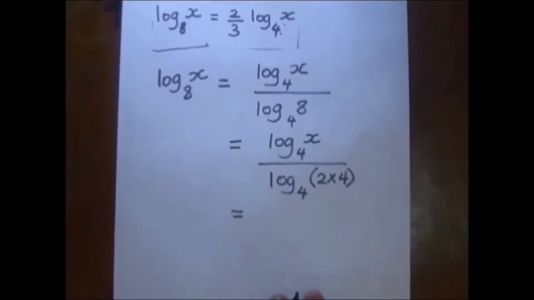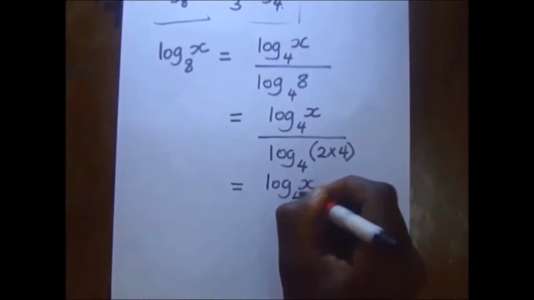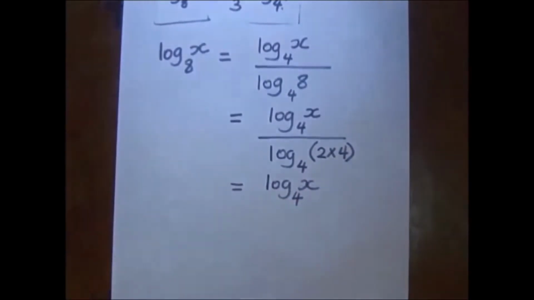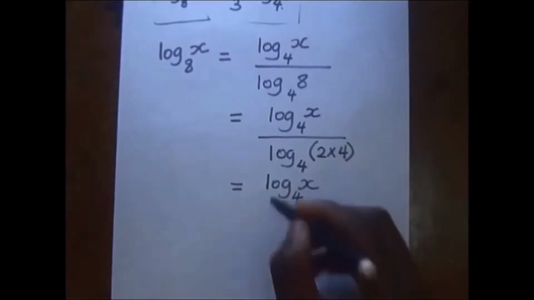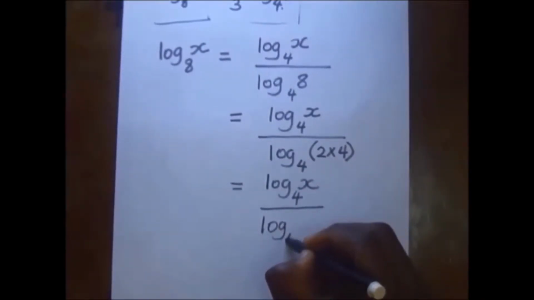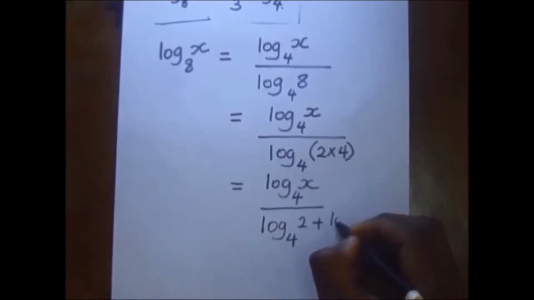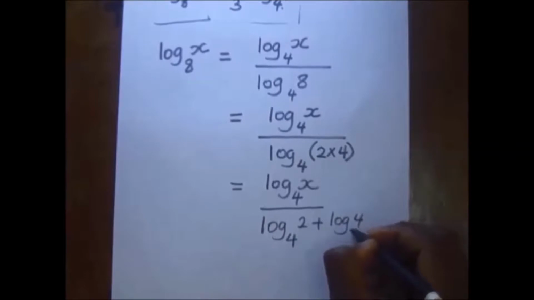So from our laws, log of x base 4 is still going to be equal to log base 4 of 2 plus log of 4 also of base 4 actually.